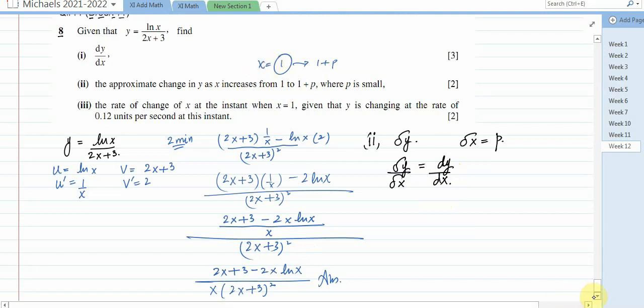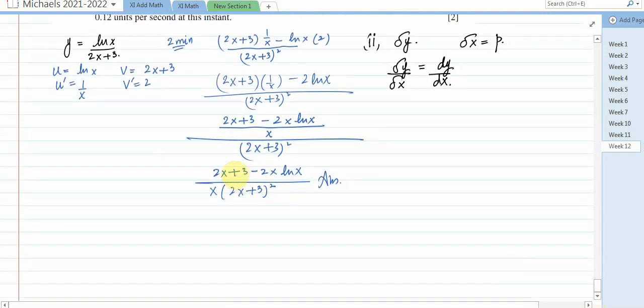We need to place the value x equal to 1 in this expression. So 2 times 1 is 2 plus 3 minus 2 ln of 1, divided by, x is 1, 2 plus 3 and whole square. On the left side delta y is unknown and delta x is equal to p.